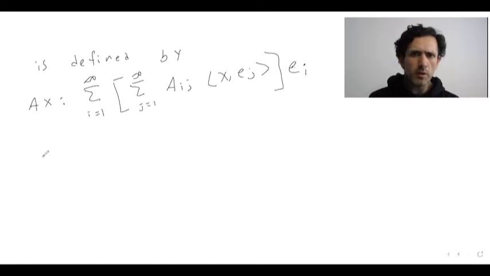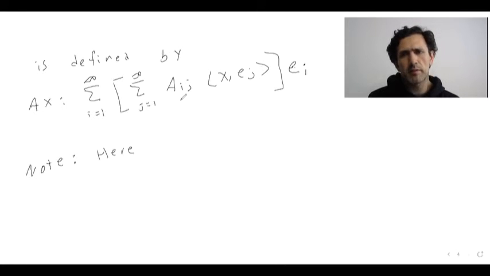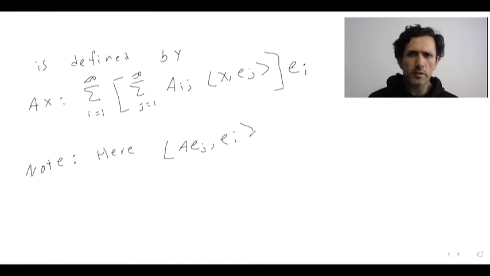Okay, right. So just a note. Here you can check, just plug in any fixed ei and ej. You can check very easily that A ej ei, according to this definition here, is actually Aij.